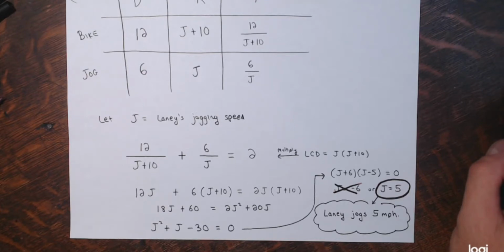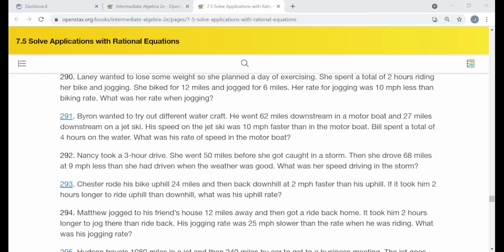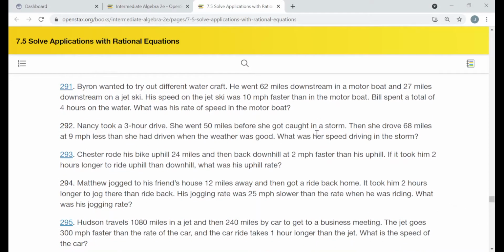Okay, example 7. This will be exercise 291. So it's very similar with the whole total of 4 hours doing something. So, Byron wanted to try out different watercraft. He went 62 miles downstream in a motorboat and 27 miles also downstream on a jet ski.